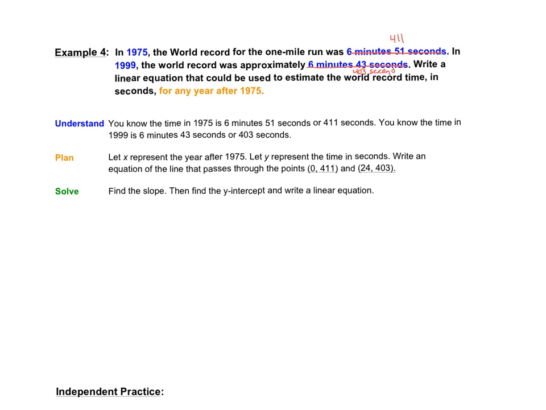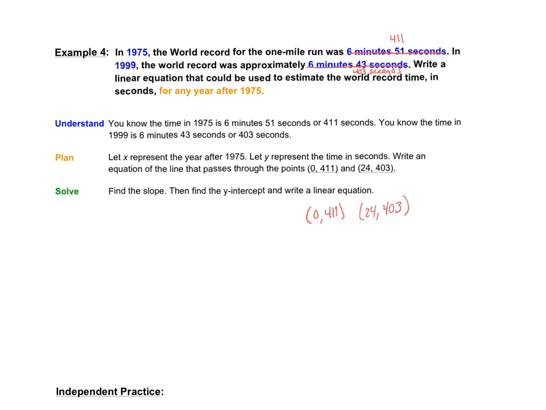And so we can make some ordered pairs from this. So instead of using 1975 and 1999, we can use 0 as our starting point and 24 years later as our ending point.